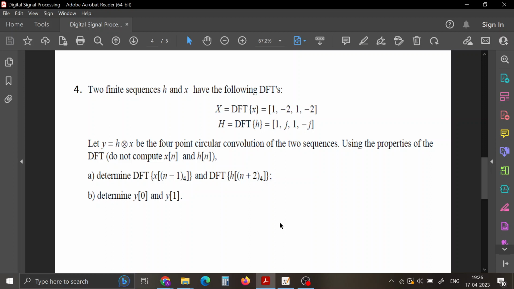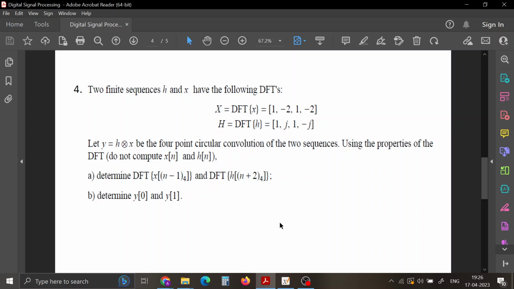So again you see it's quite similar, because what this means is that we have to do the right cyclic shift of x of n and then take its DFT. That's it.